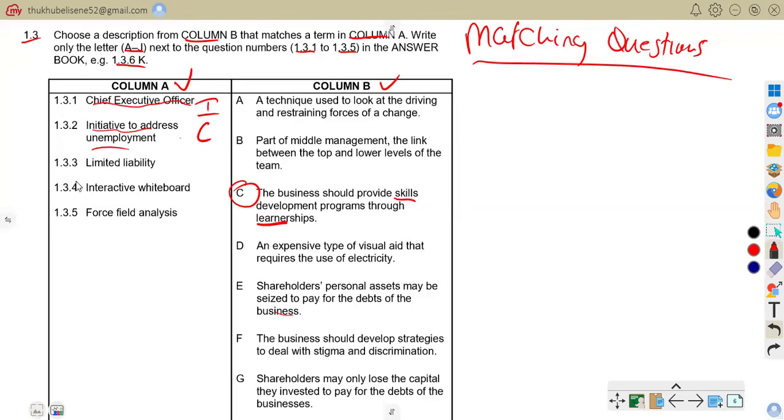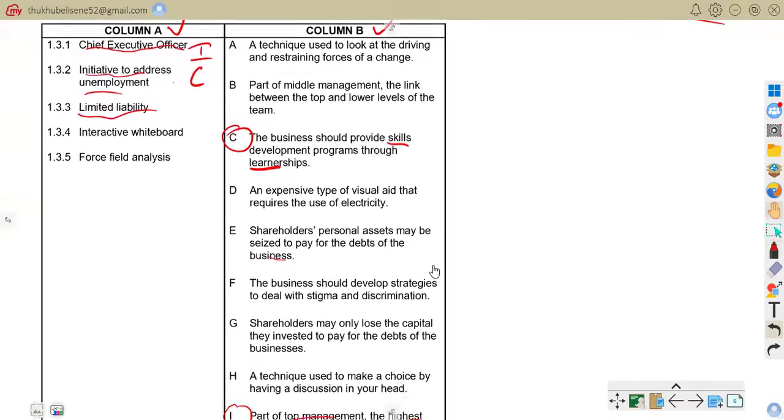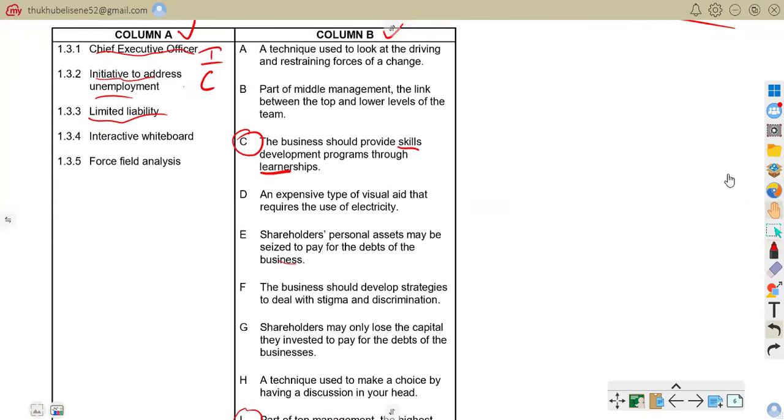Let us come to 1.33, limited liability. Let us go through the description that matches this item.